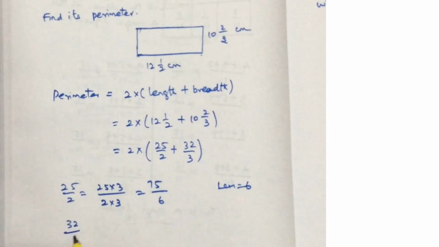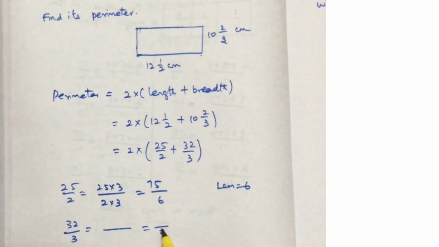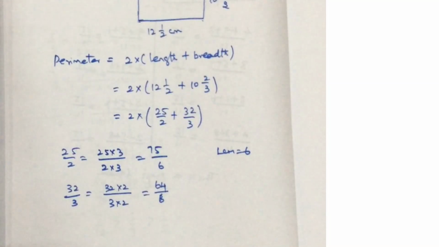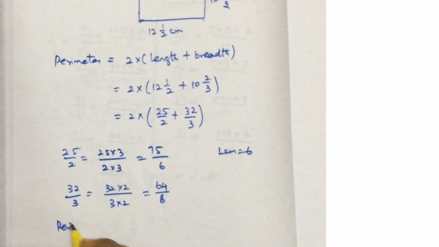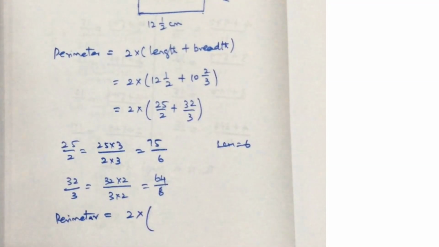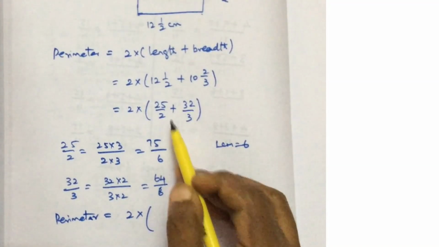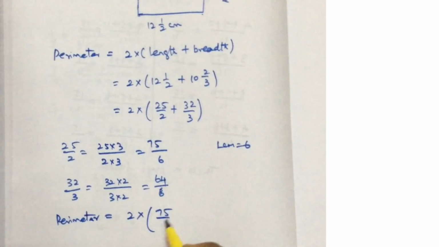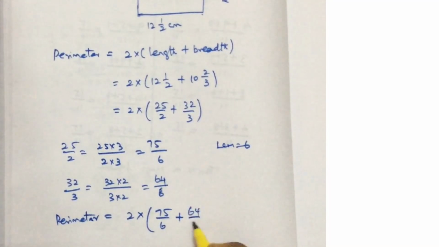Next is 32 by 3, that is equal to, here it is 6, 3 multiplied by 2, 32 multiplied by 2, that is 64. Now the perimeter. Perimeter equals 2 multiplied by, instead of 25 by 2, I can substitute 75 by 6, plus instead of 32 by 3, I can substitute 64 by 6.